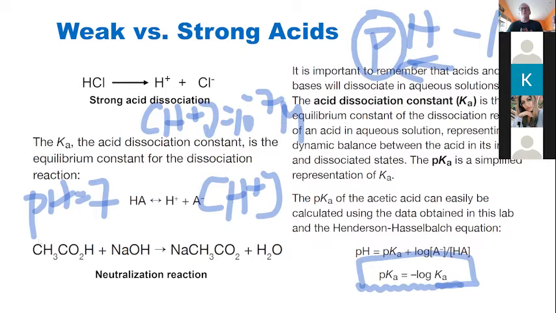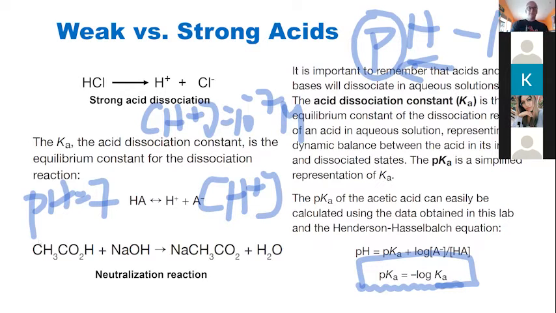It's just an easier way of representing a number. If I had to say the concentration is 10 to the minus 14th molar, I could just say it's pH 14. That's much, much easier. So putting a P just means minus log.